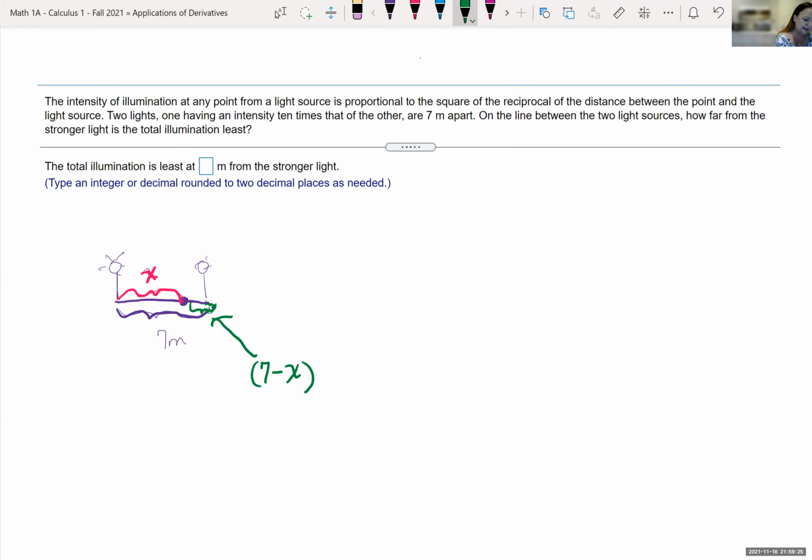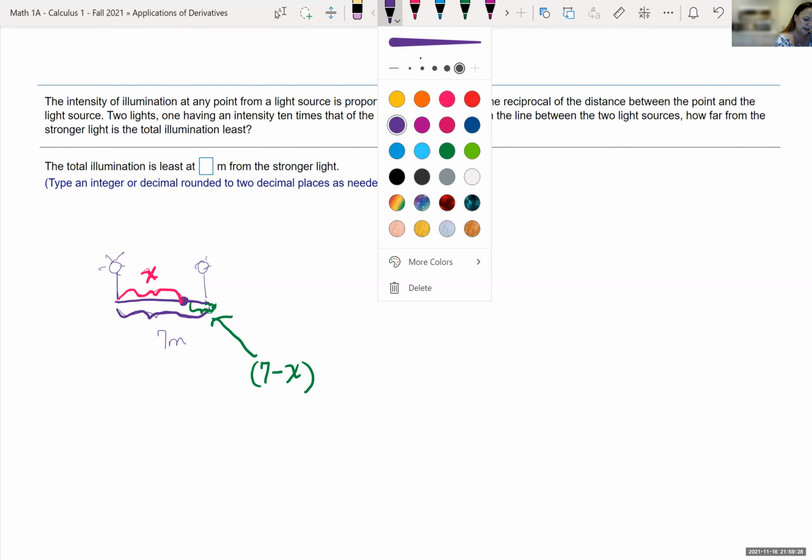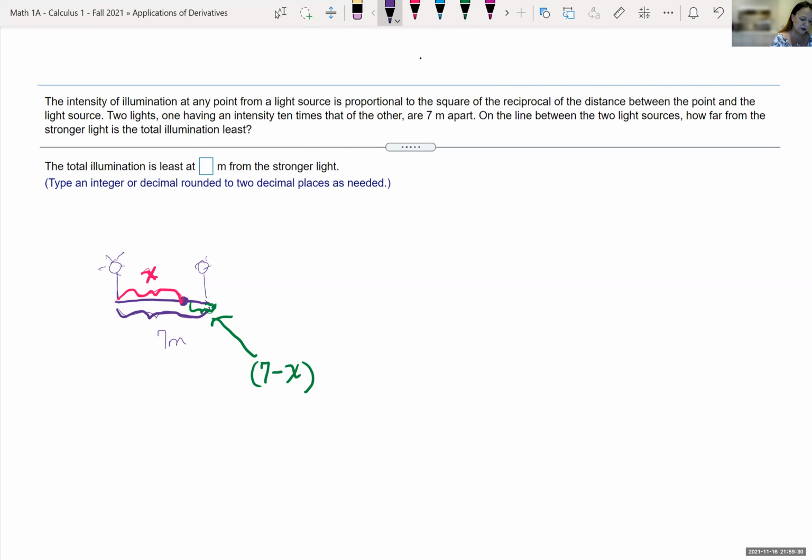So let's go back and look at the equation for the intensity. It said it was a proportion, so let's rewrite it. The intensity of illumination from a light source is proportional, so let's say this is I sub 1, equal to K times the reciprocal of the distance, where D is the distance between the point and the light.